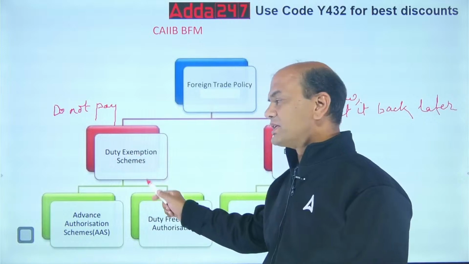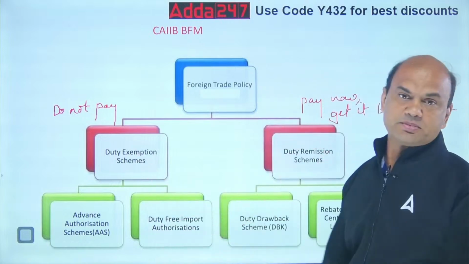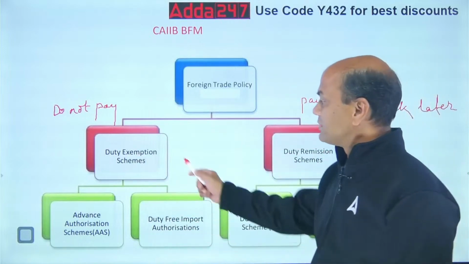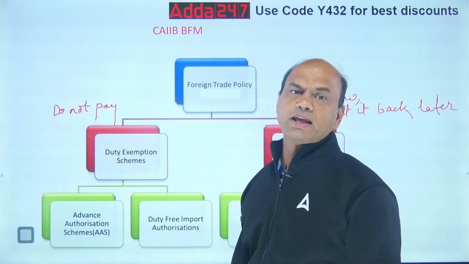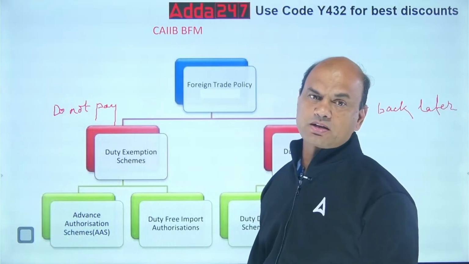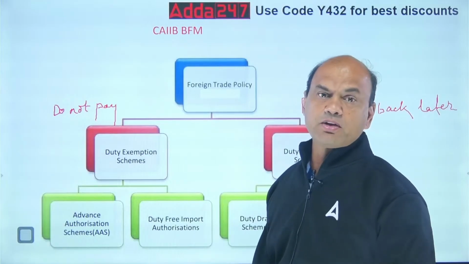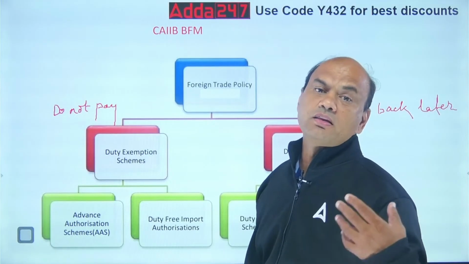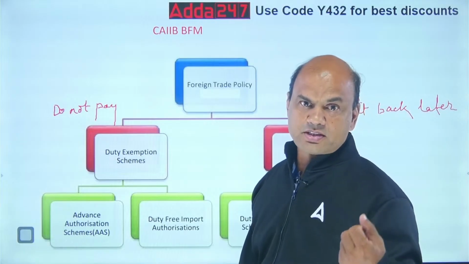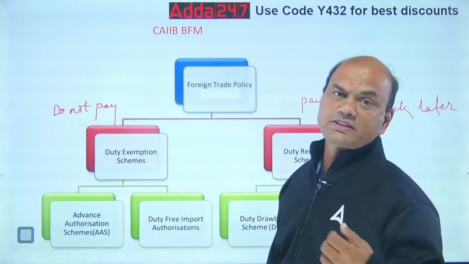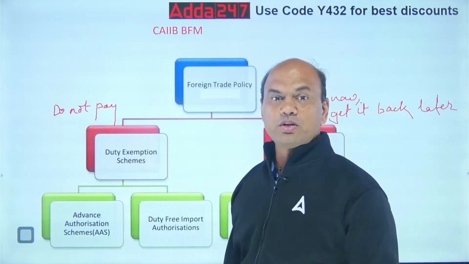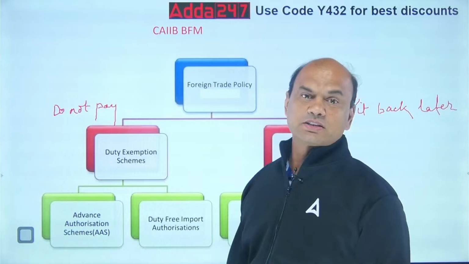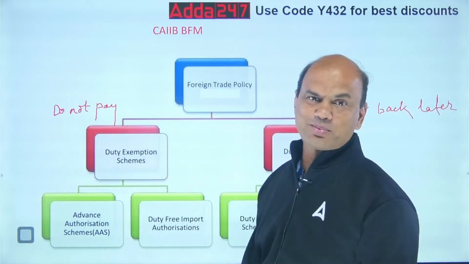Duty exemption schemes and duty remission schemes. What is exemption? Exemption means exempt. I exempt you from giving this subject in CAIIB. If you are, let's say, a CA, then you will be exempted from giving, let's say, BFM. You need not give. All will say, sir, I am a CA, I don't want to give BFM.